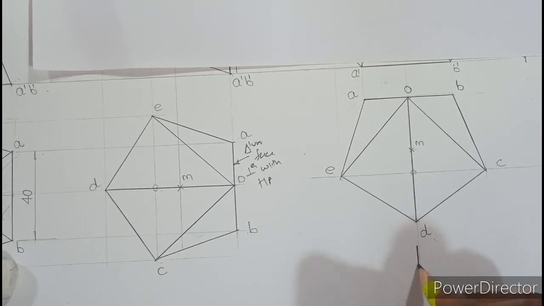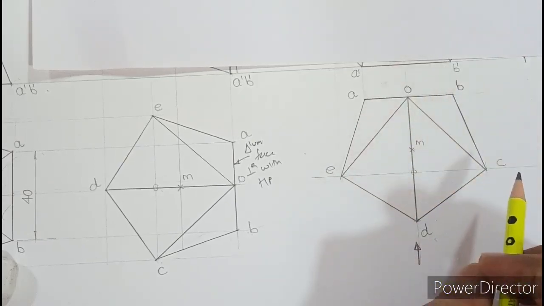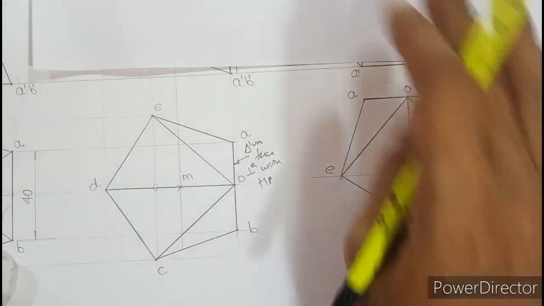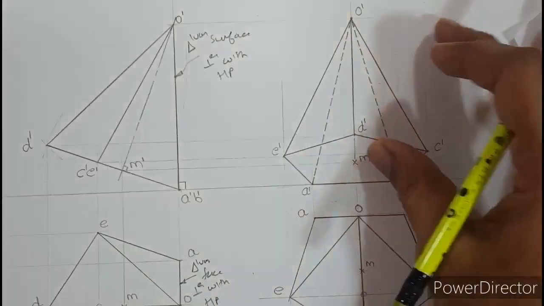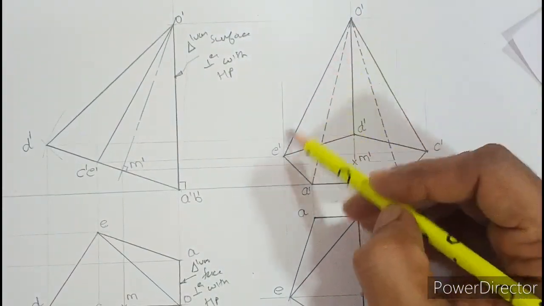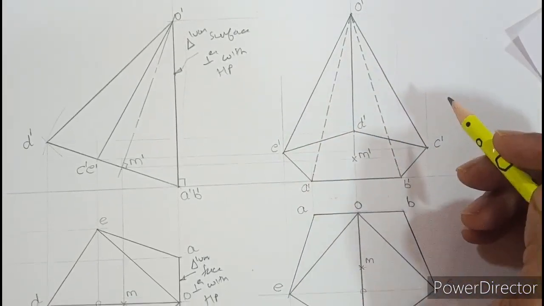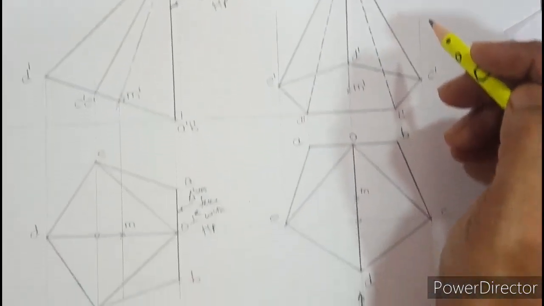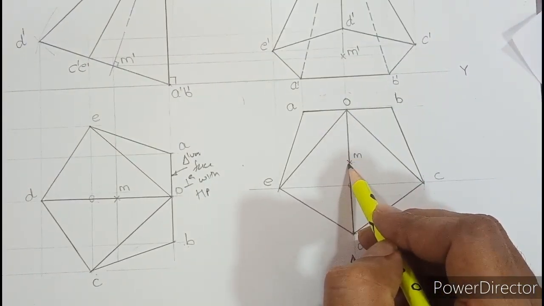Now observe, it is being looked at from this side, isn't it? So if you compare O with M, M is near, means base is near, so base will be seen. So in the next diagram, when you project all the points A, B, C, D, O, M from both sides, step number 1 is to join the outermost points by dark line. Step number 2, when you compare O with M, M is near, means base is near, so base will be seen.